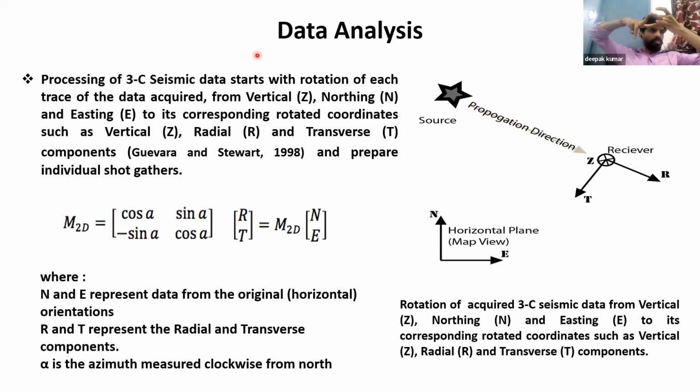So the data acquired in the field will be vertical, then northing, and then easting. But that doesn't serve our purpose, because when I load the data, I'll not be able to do anything with it. So what we have to do is rotate the data with respect to our profile.